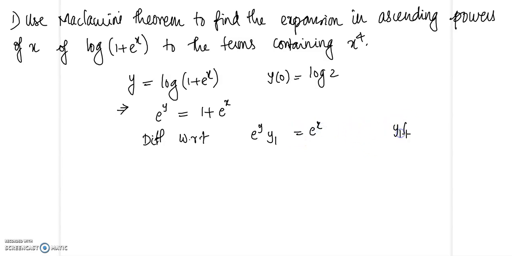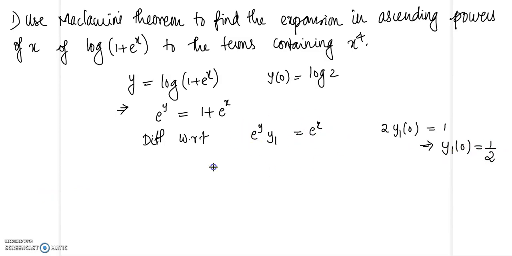So y1 at 0: put x equal to 0 on both sides. Above, y at 0 will be log 2. E raised to log 2 വരുമ്പോൾ 2 വരും. 2y1 at 0 will be equal to e raised to 0, which is 1. So y1 at 0 will be equal to 1 by 2.